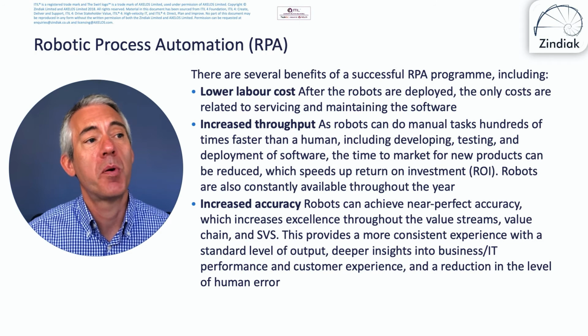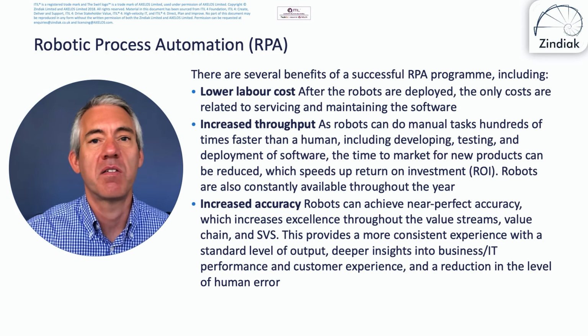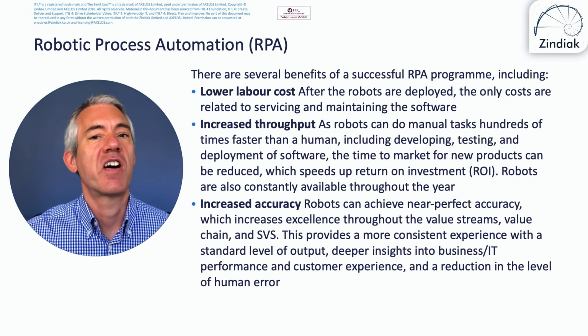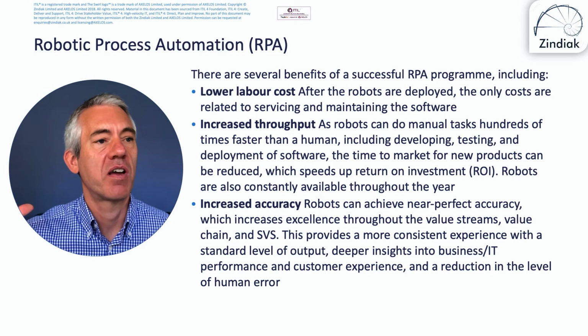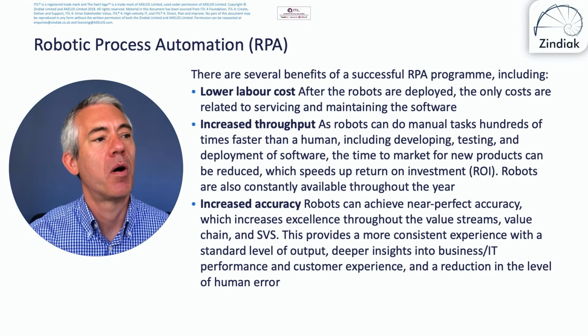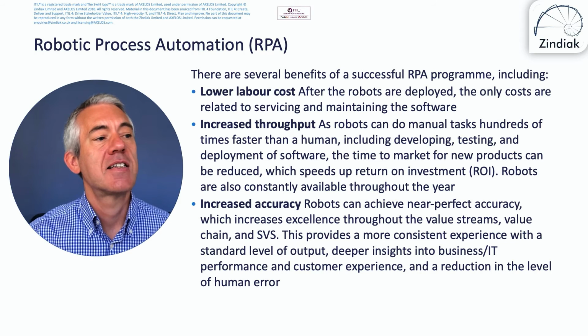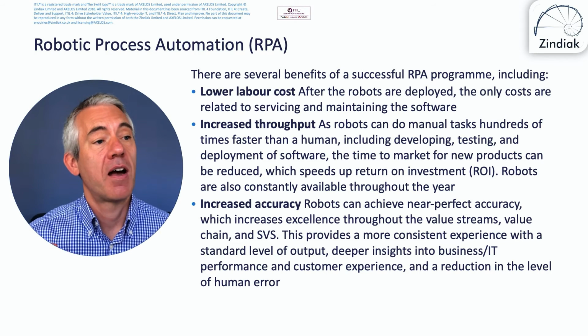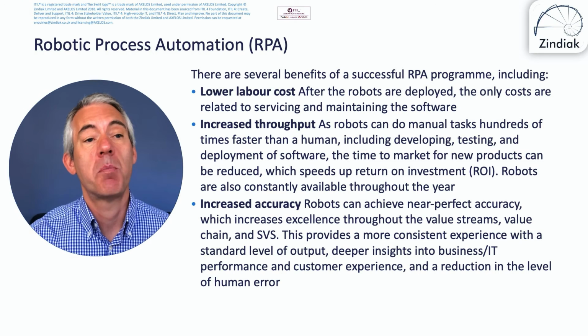Increased throughput. So yes, definitely, software can do things much quicker and much faster. And we've seen that throughout history. When we automate things, we gain greater throughput and increased accuracy. Robots can achieve near perfect accuracy.